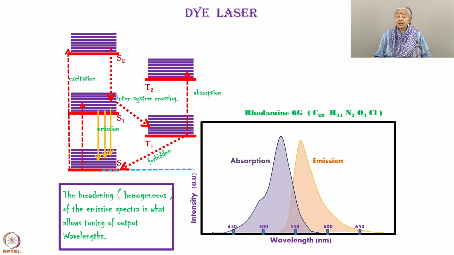Now, because there are lots and lots of possibilities of how these molecules vibrate or how these molecules exchange energy within itself, this gives rise to all these energy bands. Okay. The ones I have shown in red are energy bands, the ones shown in purple are also energy bands. The ones shown in red are electronic energy levels. Okay.